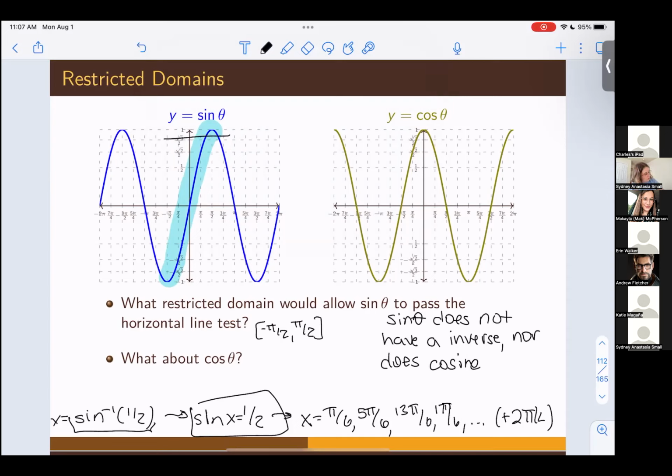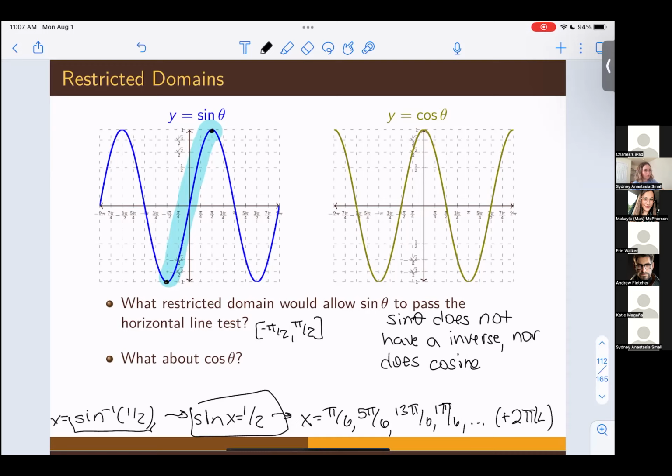At no point on this portion of the graph can I draw a horizontal line such that it crosses more than one point of the graph. We go from our little high peak up here to our low peak down here. Also notice that this goes from -1 to 1. So all possible values for sine, all values from -1 to 1, are in there. So it covers pretty much everything we need in that little restricted domain.